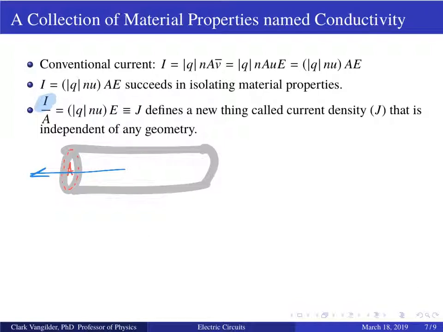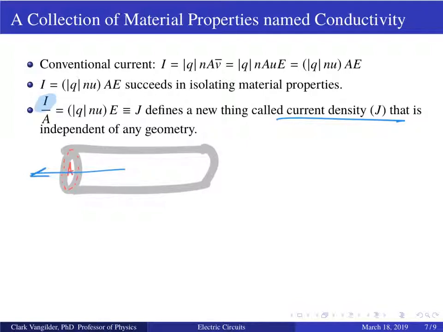There has to be a density of current going through that area. And so current density, this new thing, is just how much of our conventional current flow, which we've labored long to get a big I equals some stuff, per unit cross-sectional area? Current density. It's an area density thing. We'll have a few problems on it.